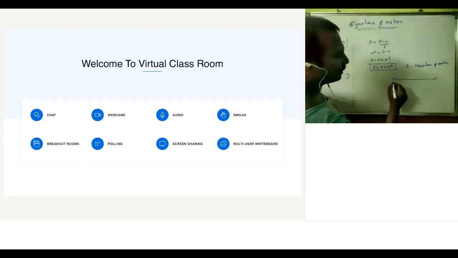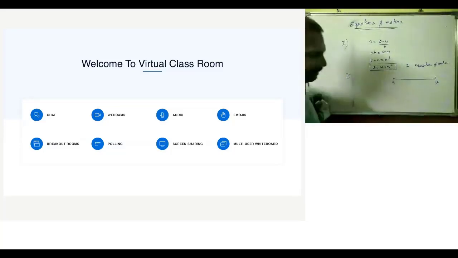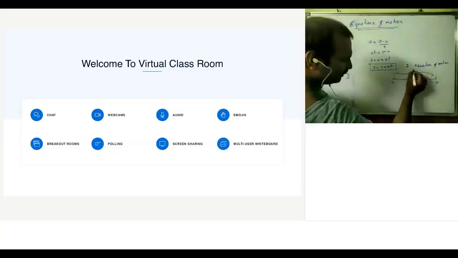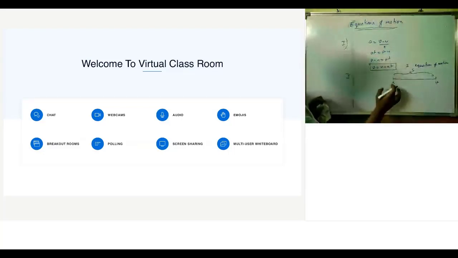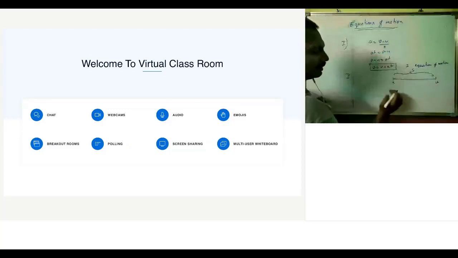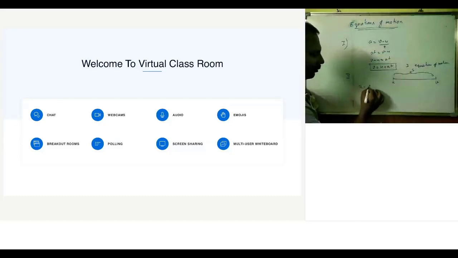Let's say the initial velocity of the body here is u and the final velocity is v, and the displacement of the body is s. Now the initial and final velocity are not the same, they're different. So I'll assume that displacement equals average velocity into time.